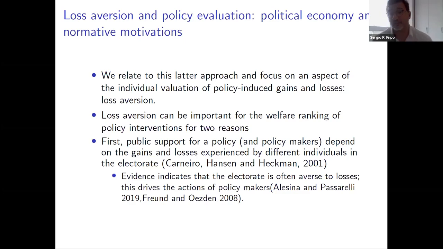Small losses to a large number of people would be something that, even if the ATE is positive, the average effect is positive, if you're unable to redistribute after that, it could be that those policies that generate average gains would not be offered. Okay.